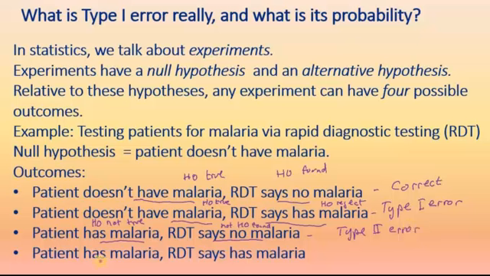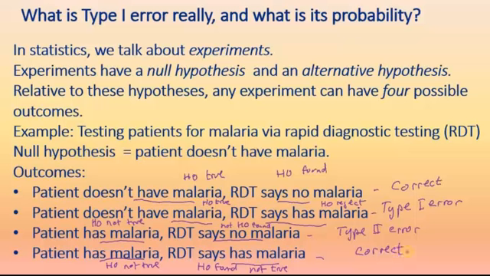And in this case, the patient has malaria, that's H0 is not true. And the test says the patient has malaria, so here H0 is not true, and H0 is found not true. Okay, so again, this is a correct result.